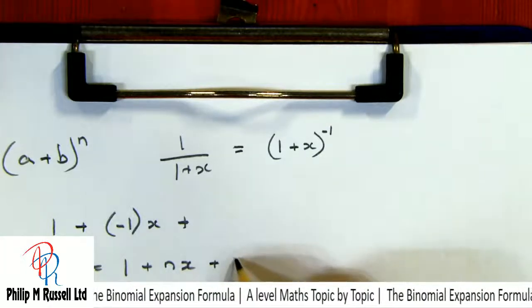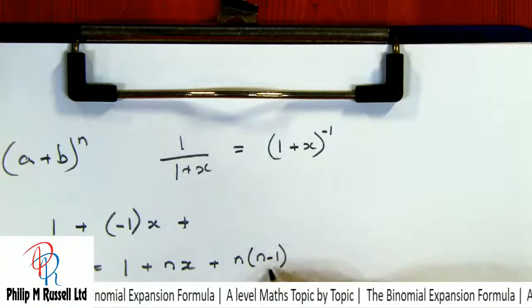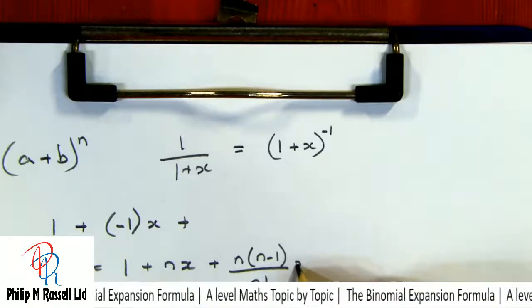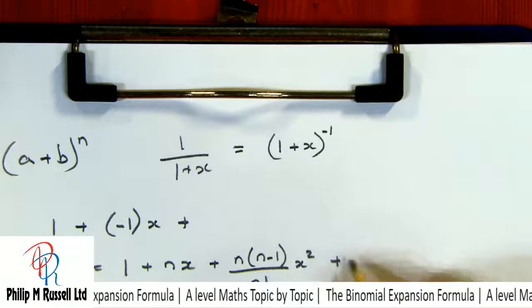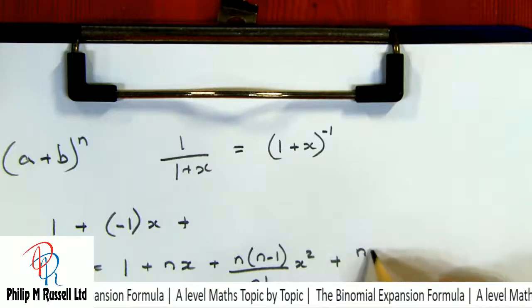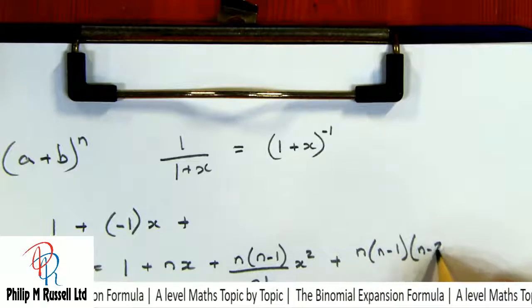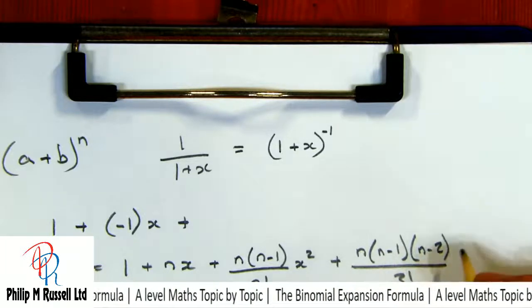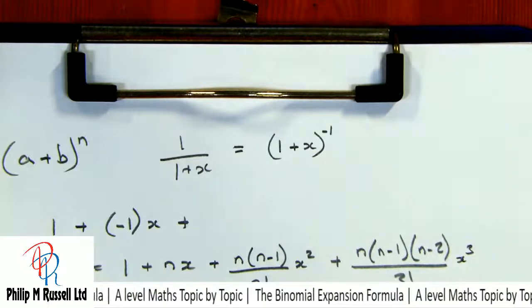So I need now n times n minus 1 over 2 factorial x squared plus n times n minus 1 times n minus 2 over 3 factorial x cubed, and so on.